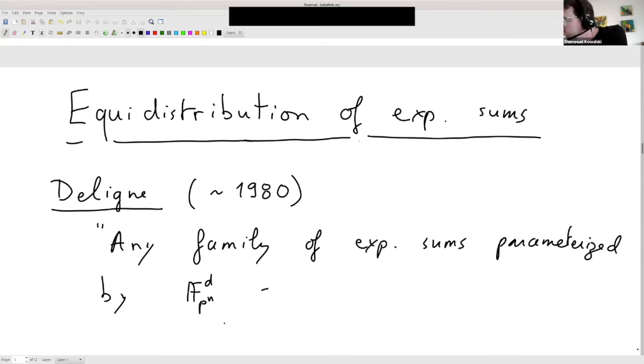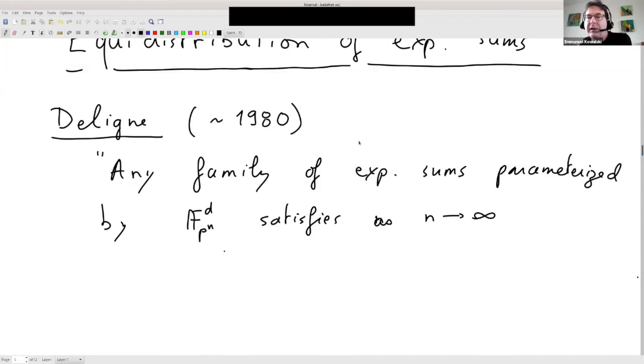Okay, so what Deligne proved essentially is that as n goes to infinity, so in this direction where everything is over the same base field, but we take larger and larger extensions of the base field, some equidistribution theorem.